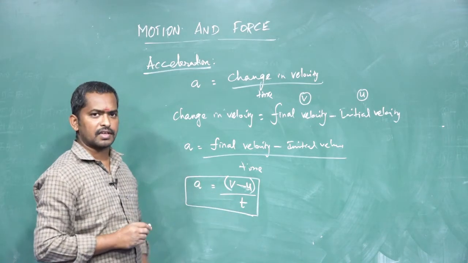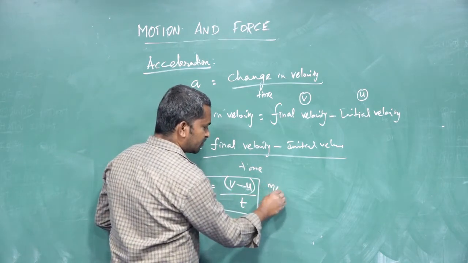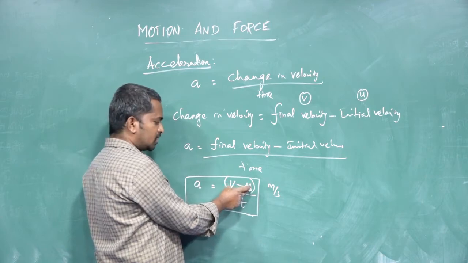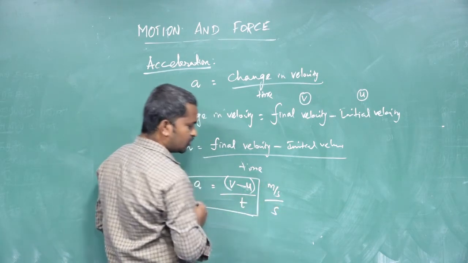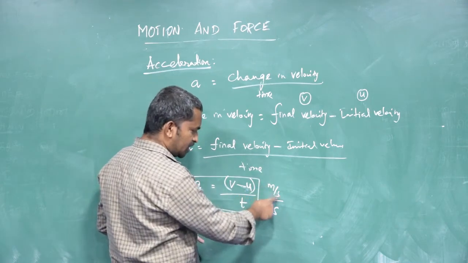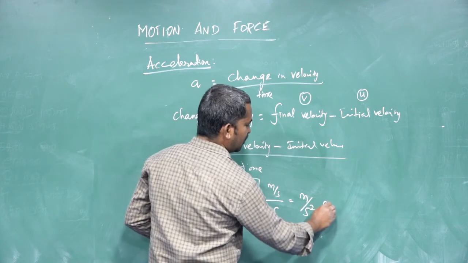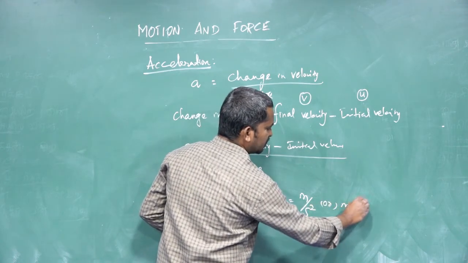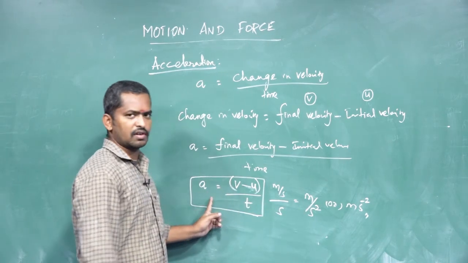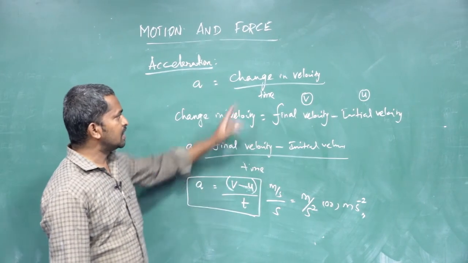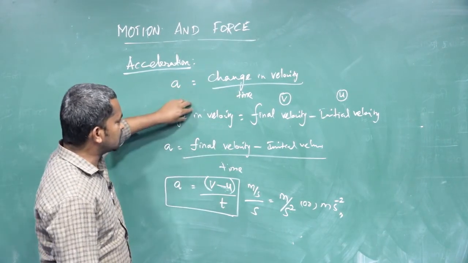What is the unit of acceleration? The unit of velocity is meter per second. The difference in velocity is meter per second, divided by time, which is seconds. So meter per second divided by second is equal to meter per second square, or meter per second power minus 2. This is the unit of acceleration.